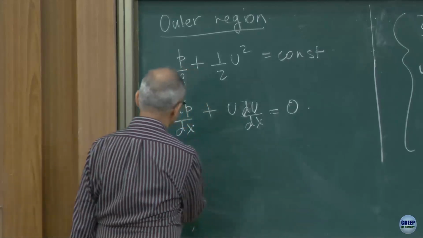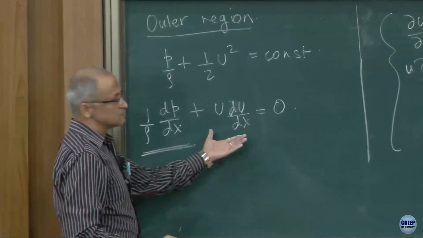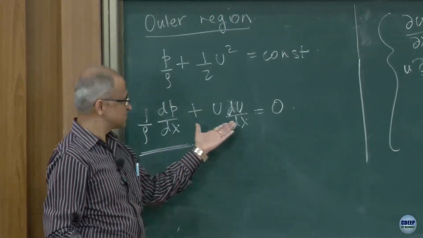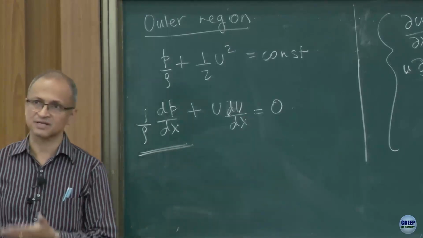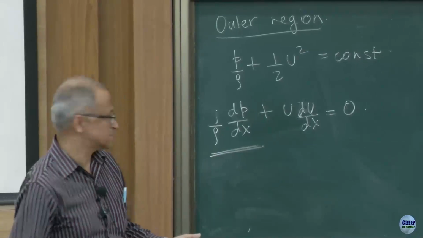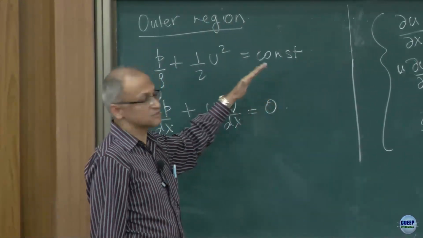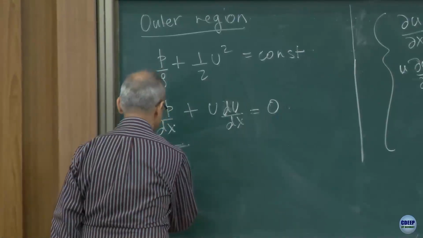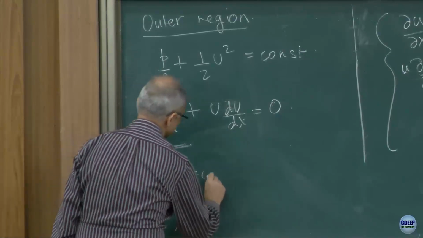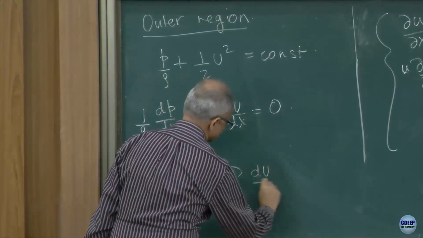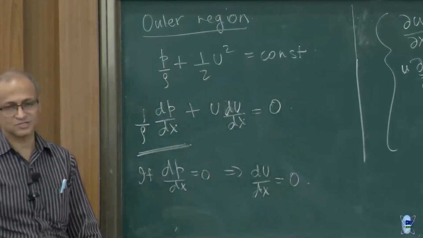This is what I get. And that means that if I am not imposing any pressure gradient, which is the case that we are considering here, there will be no acceleration of the free stream velocity outside. Or if there is an acceleration of the free stream, it will give rise to a dp dx, which is essentially the case that we are not considering. Otherwise, if dp dx is equal to 0, it implies that du dx is equal to 0, and the flow is not accelerating, the flow is just constant.